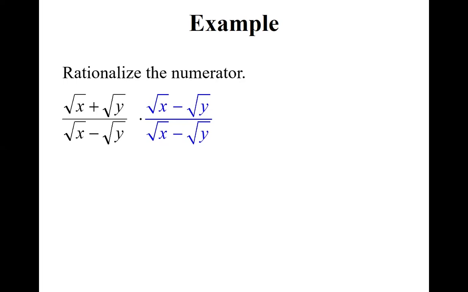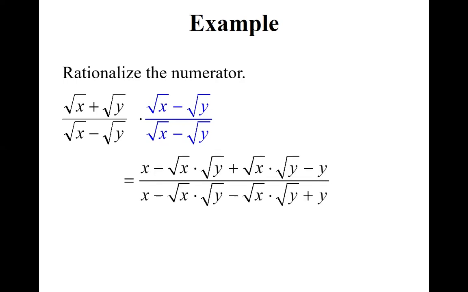But let's act like we don't know the special formulas. Let's just go ahead and FOIL on the top and FOIL on the bottom. On top, first, radical x times radical x is x. Outer radical x times negative radical y, negative radical x times radical y.